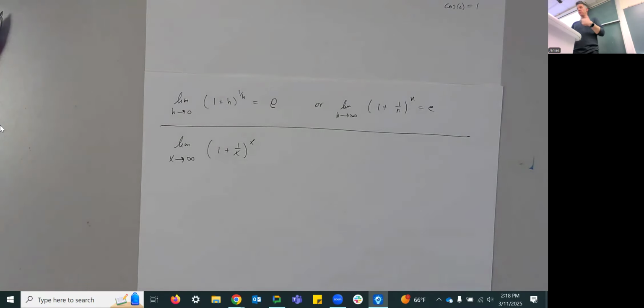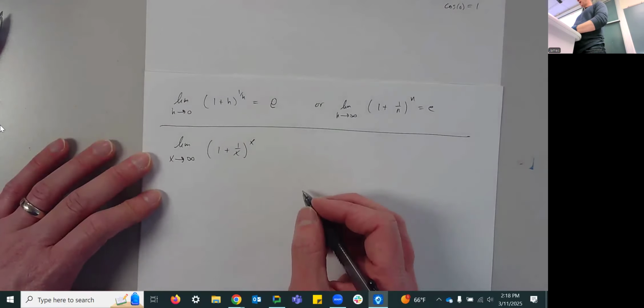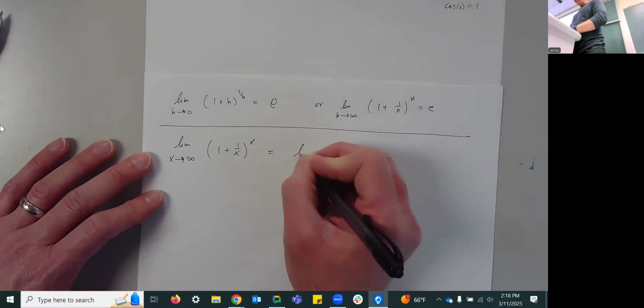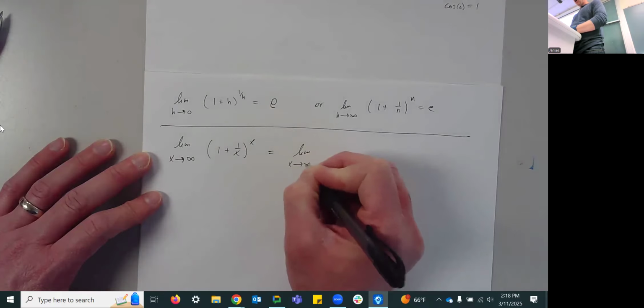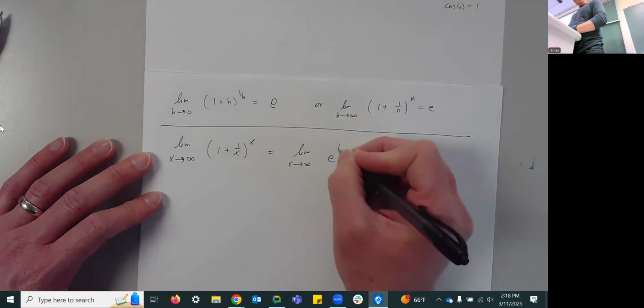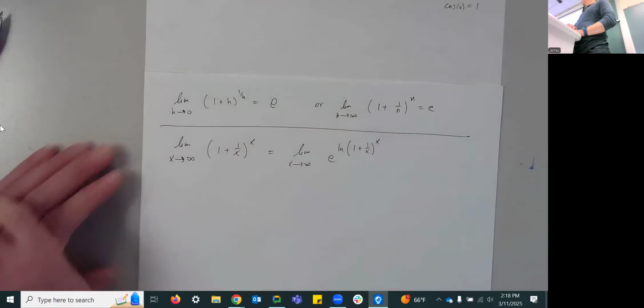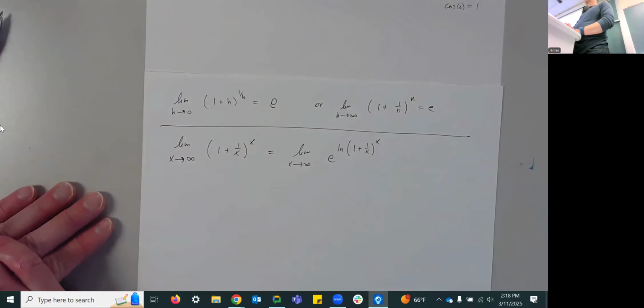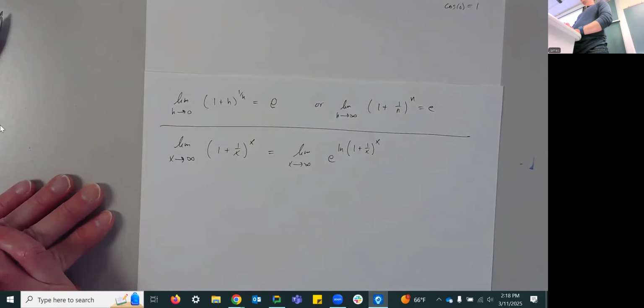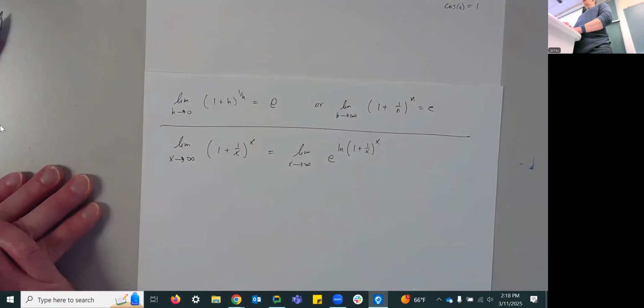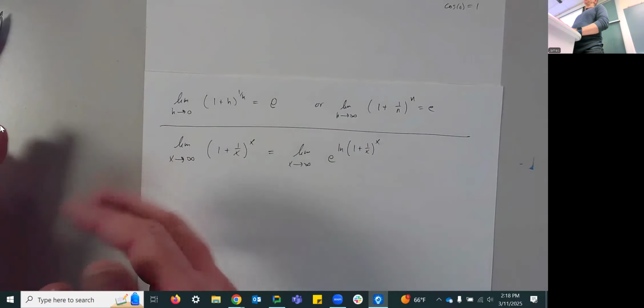I personally prefer to just rewrite this as the limit as x goes to infinity of e to the natural log of the thing you're trying to take the limit of. Other people just take the natural log, take the limit of that, and then undo the natural log at the end by saying it's e to whatever you've got. We'll do that. We'll do it the other way the second time.